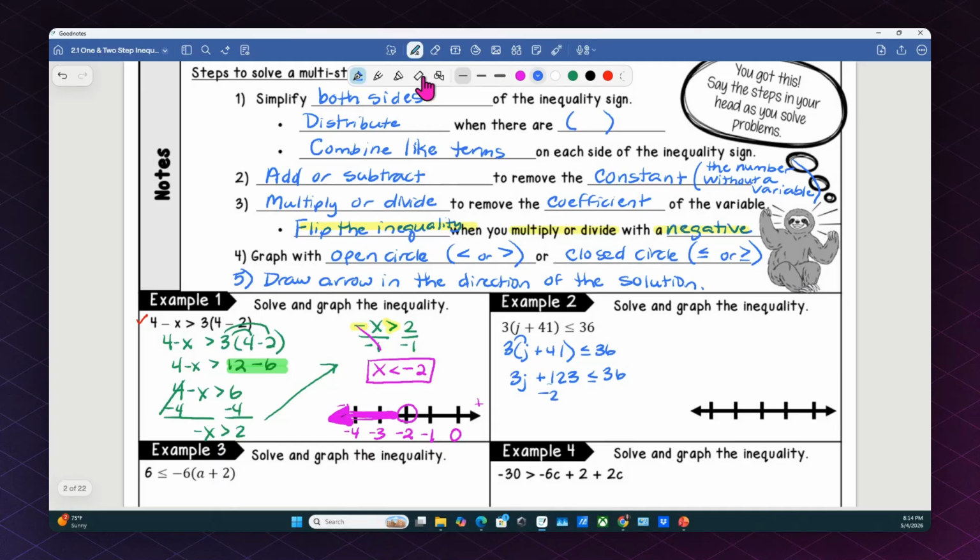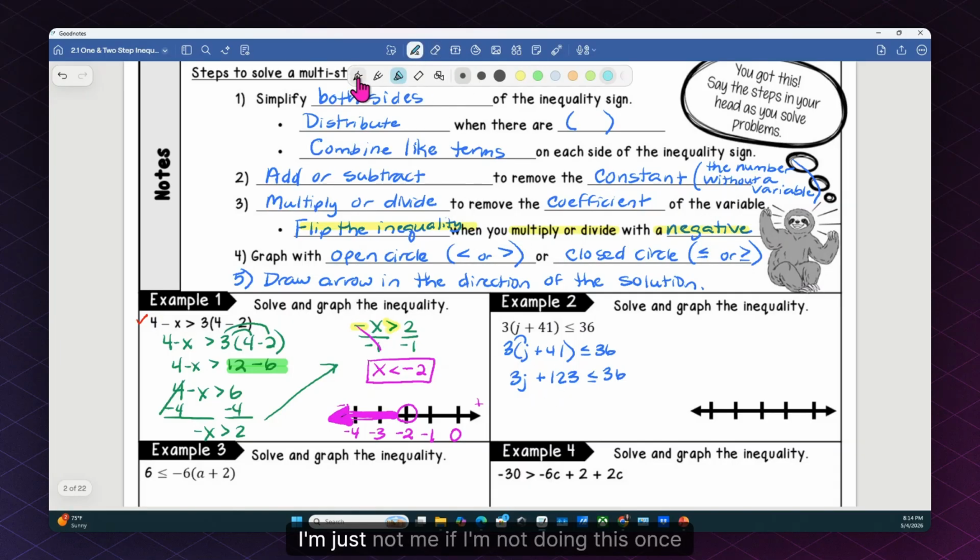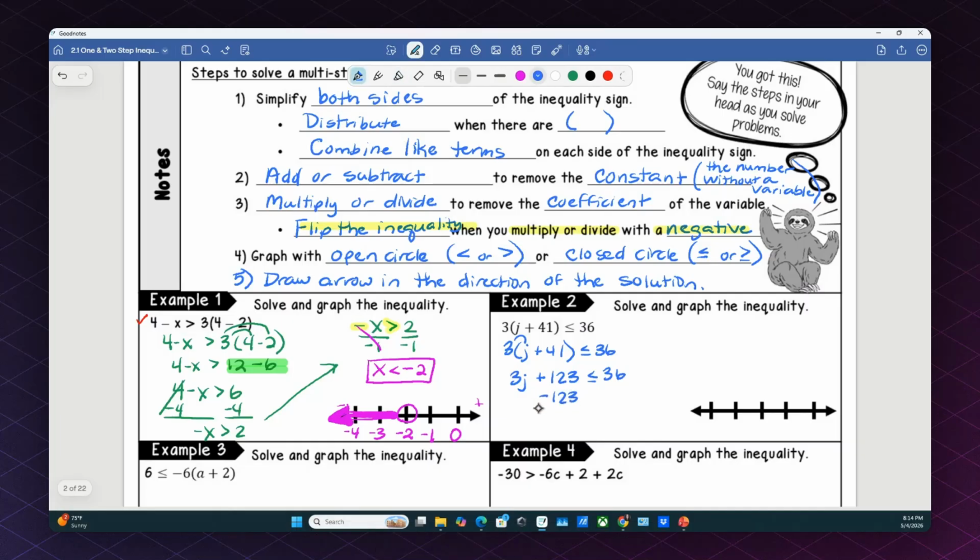Oops. It would help if I didn't write weird stuff. Let's try that again. I'm just not me if I'm not doing this once at least every lesson. Okay, so I'm going to subtract 123 from both sides.